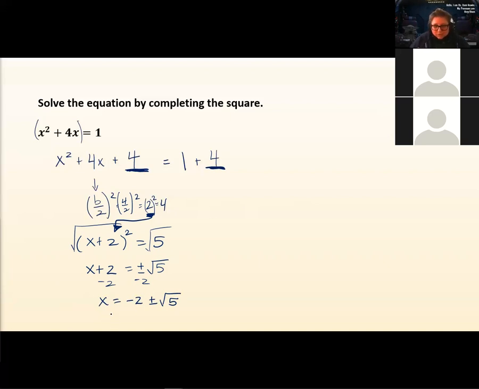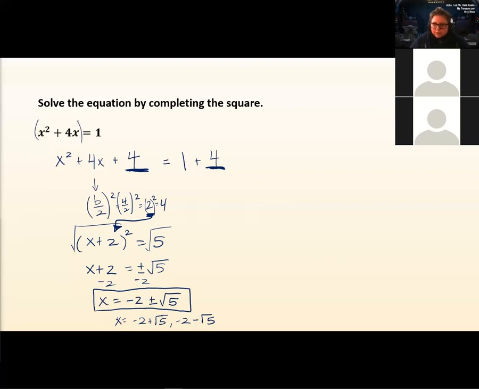And again, if you're putting this online, your answers would be -2 plus square root 5, comma, -2 minus square root 5 as your 2 possibilities. But if you're submitting it in paper form, that's solid.